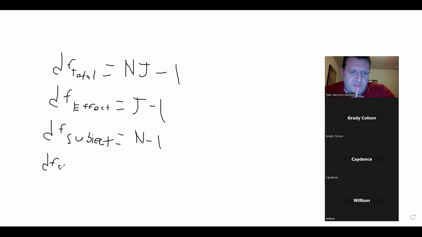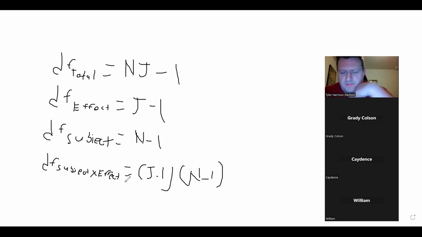And degrees of freedom for subject by effect is equal to J minus 1 multiplied by n minus 1. And I know my handwriting's really, really bad, Riley. I apologize.